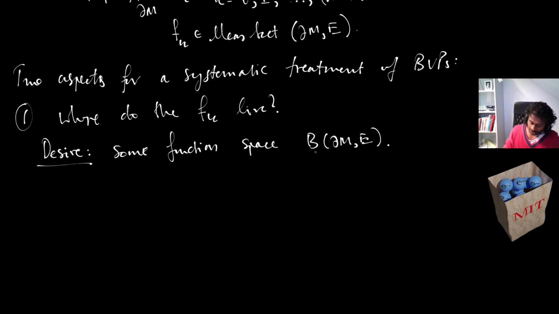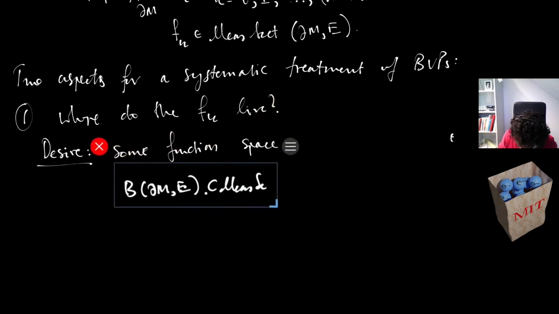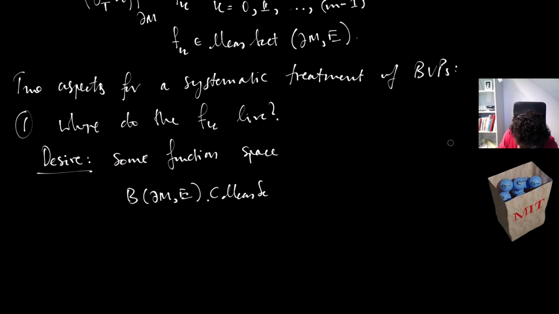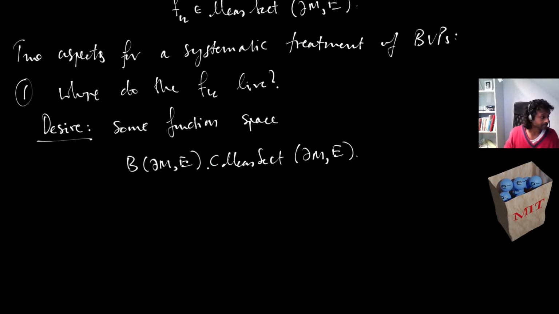So here I'm just denoting it to say that it's some function space of some sections on the boundary, right? So this is of measurable sections on the, well, maybe move this here. So these are measurable sections on the boundary. Okay, so this is some function space.